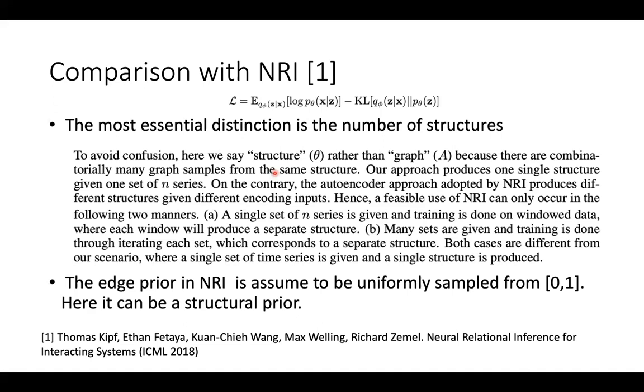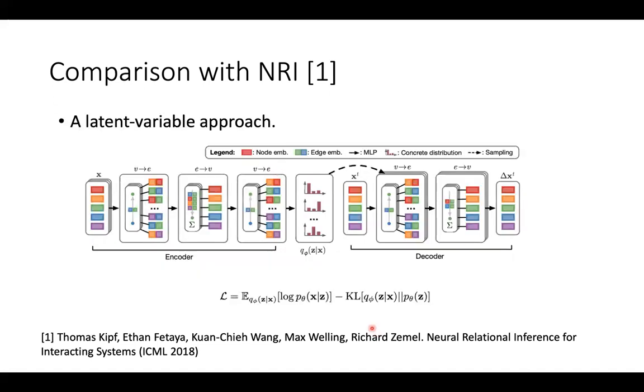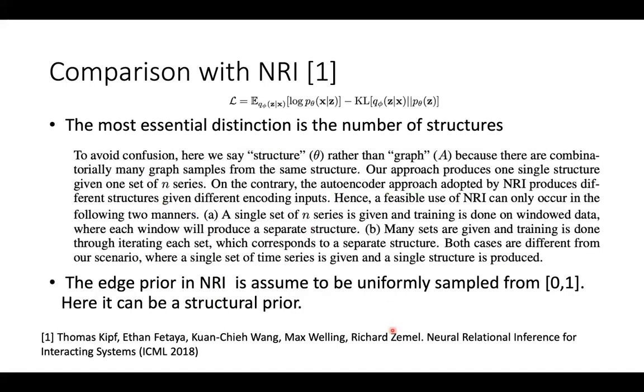And the second thing is that the prior in NRI, if we look at the loss, is just the KL divergence loss between the inferred edges and the prior on the edges. And the prior on the edges, like many other VAE models, is assumed to be Gaussian, just assumed to be uniformly sampled from 0 and 1.